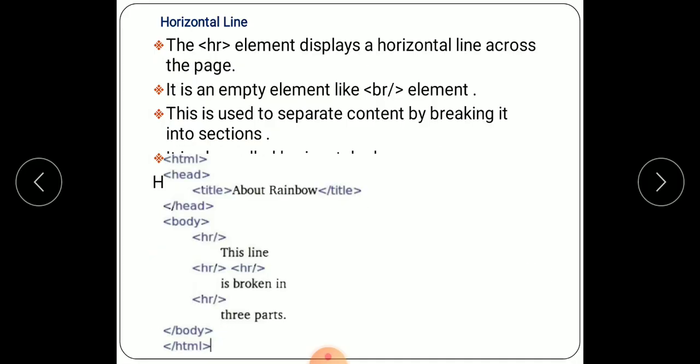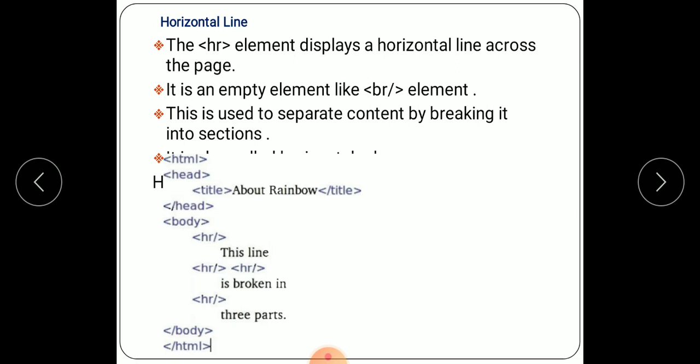Now in the previous lecture you already learned the horizontal line, but here I just give some examples and explanation. The HR element displays a horizontal line across the page. The HR tag is also called an empty element. Why is it called an empty element? Because it is not compulsory to close the HR tag, that's the reason the HR tag is an empty tag.